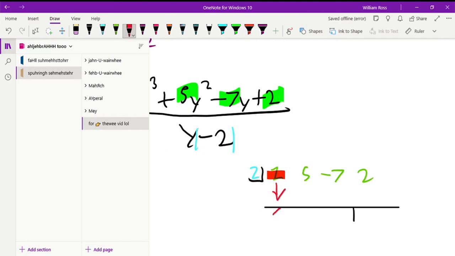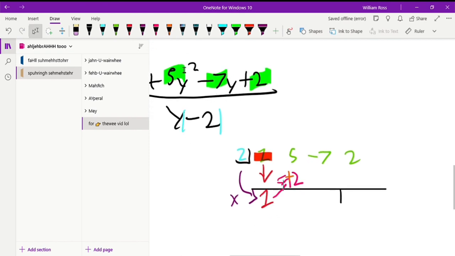So we drop down the 1. Multiply 2 and 1, which will give us 2. 5 plus 2 is 7. Then multiply 2 and 7.